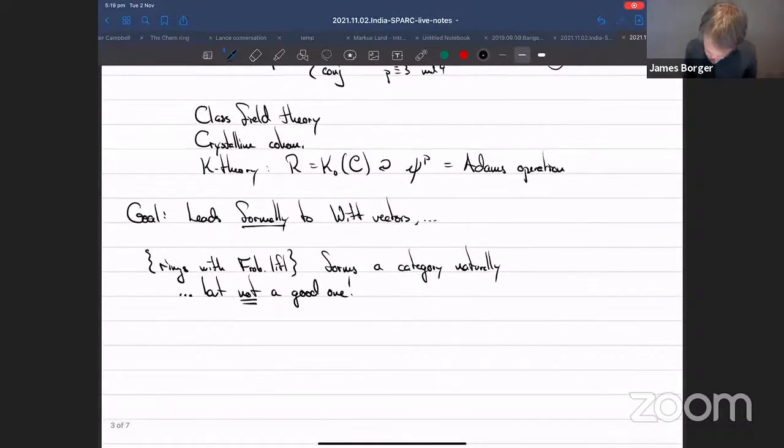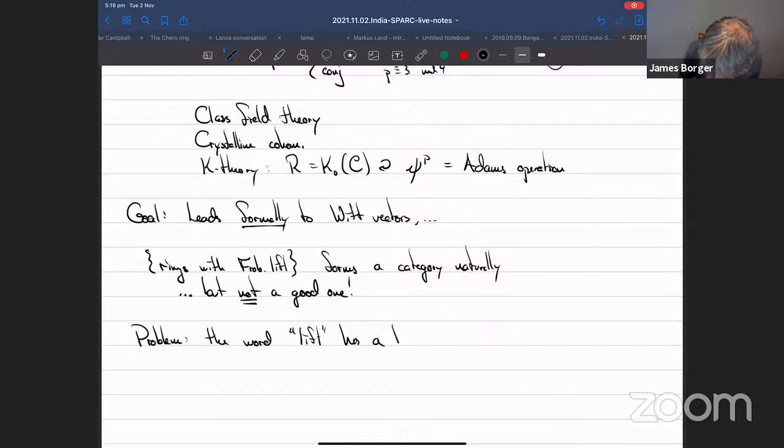And why is that? The problem is that the word lift has a hidden existential quantifier, which causes problems.